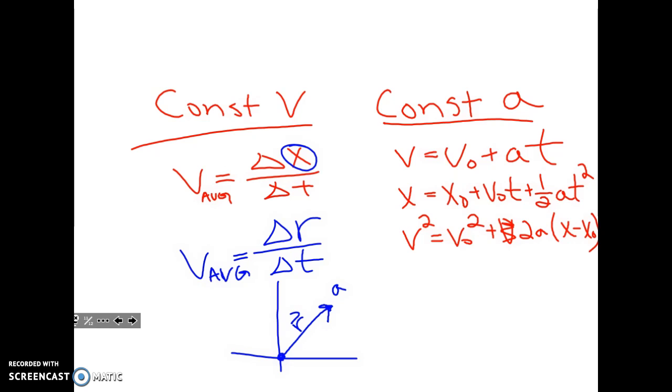When we go into the constant acceleration, all of these become vectors. So r minus r0 vector, and so on. And the reason they're vectors is they cover two dimensions.